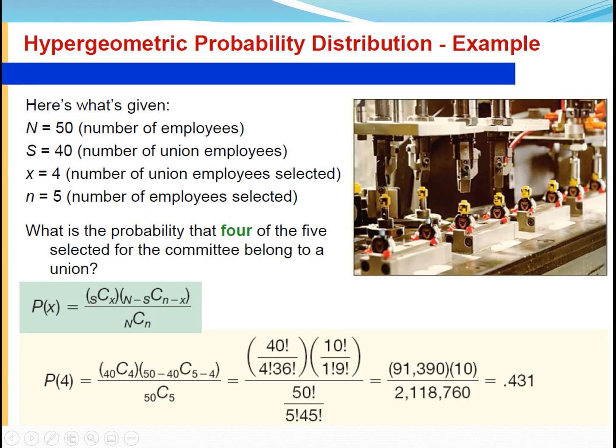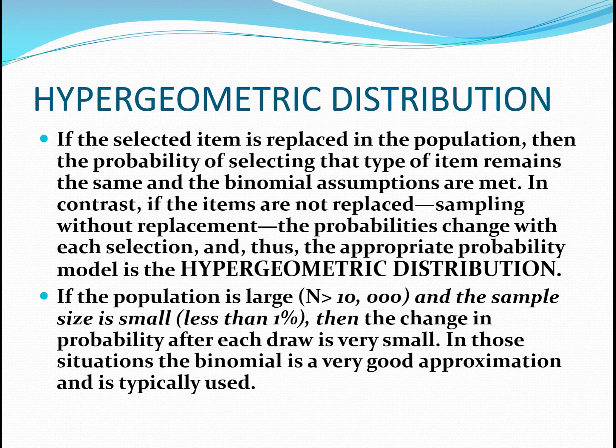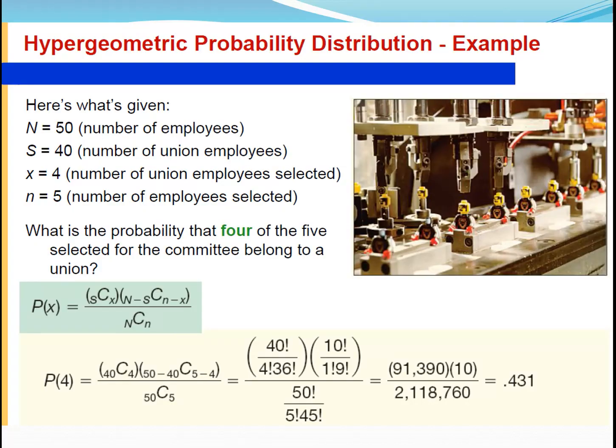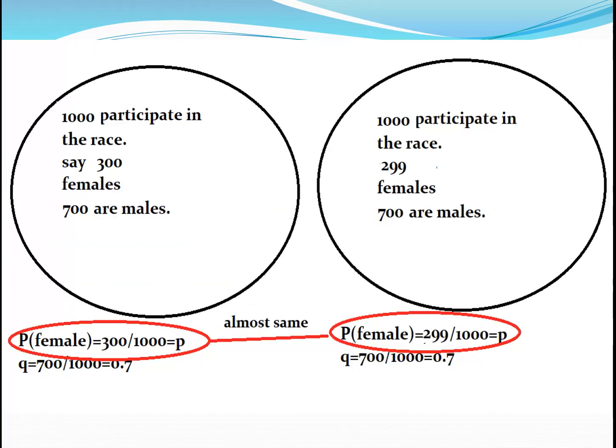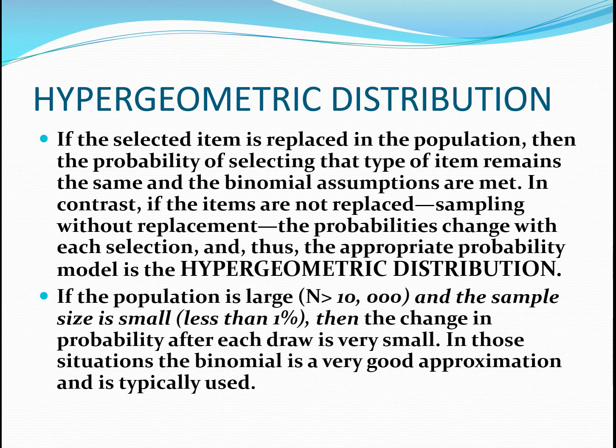This was a numerical example of the hypergeometric distribution, and I've already discussed that whether the sampling is with replacement or without replacement, if the population is very large, then it doesn't matter.